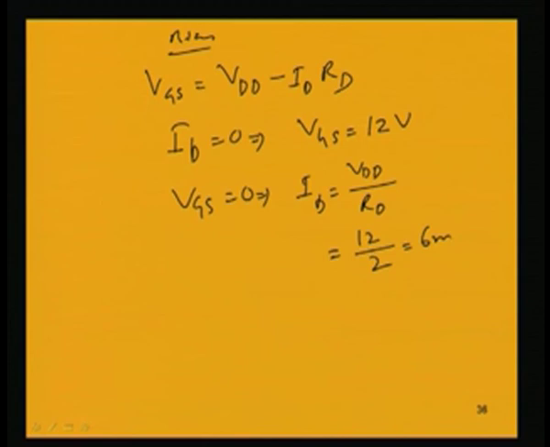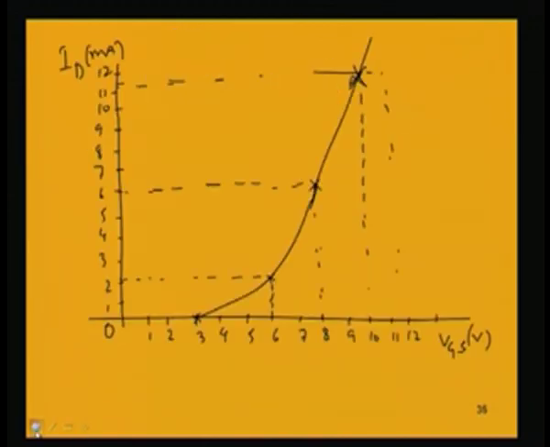So, we get 6 milliampere. So, we can draw the straight line, one point at 6 milliampere here and the other at 12 volt. Joining these two, we get a straight line. This is for the bias circuit.